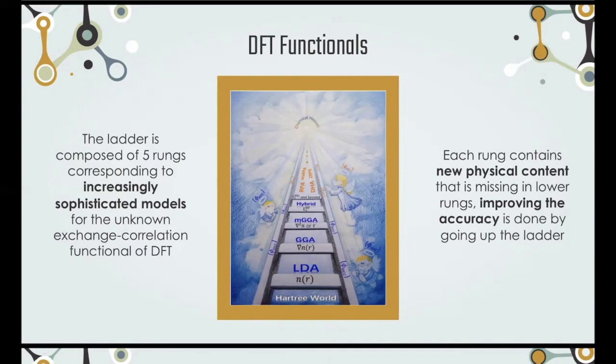Functionals that depend on the kinetic energy define the third rung of the ladder, which is called the meta generalized gradient approximation, the one I just talked about, which is just the addition of that aspect of the kinetic energy density.